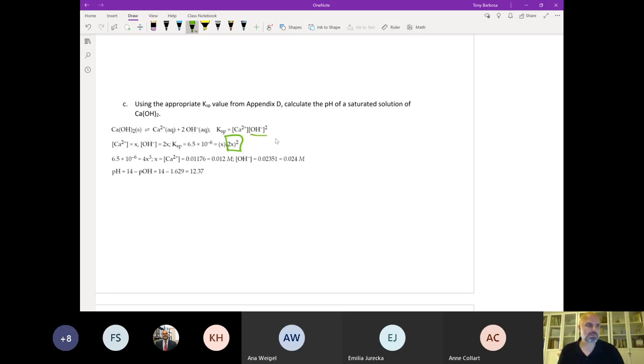Is that the question? I'm not sure if that's answering your question or not. I'll give you a second. So this one is squared. It's set up the same way.